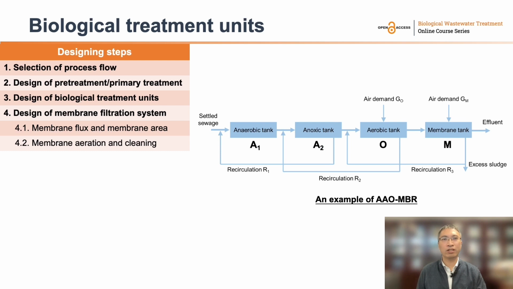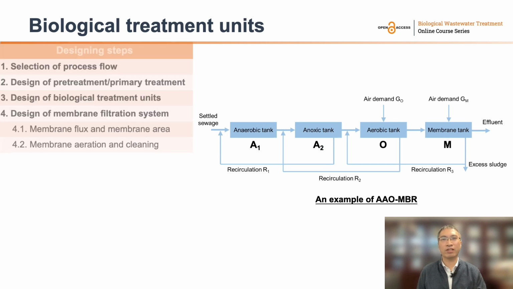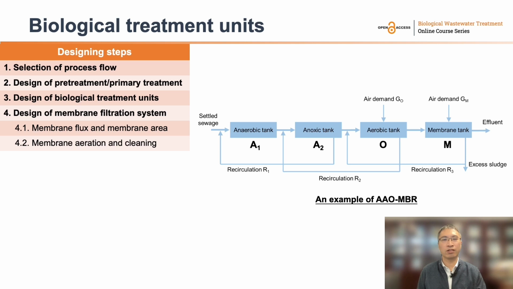Here is an overview of the steps for the design of the biological treatment units for an MBR process. The steps include the selection of process flow, design of pretreatment and primary treatment, design of biological treatment units, and design of membrane filtration system.